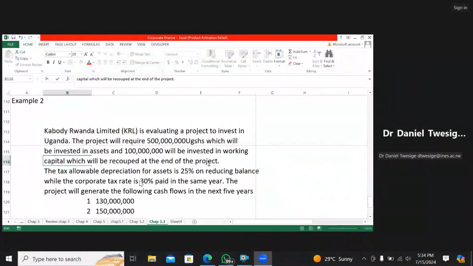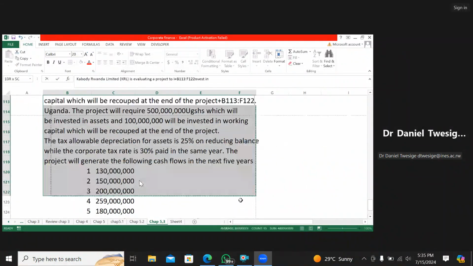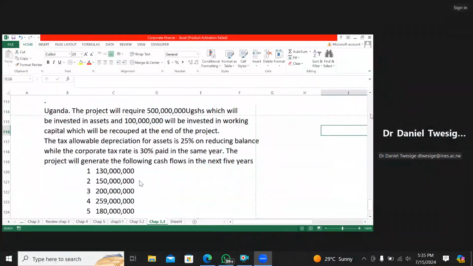The tax allowable depreciation for the asset is 25% on reducing balance. What am I doing? As if I've deleted everything.